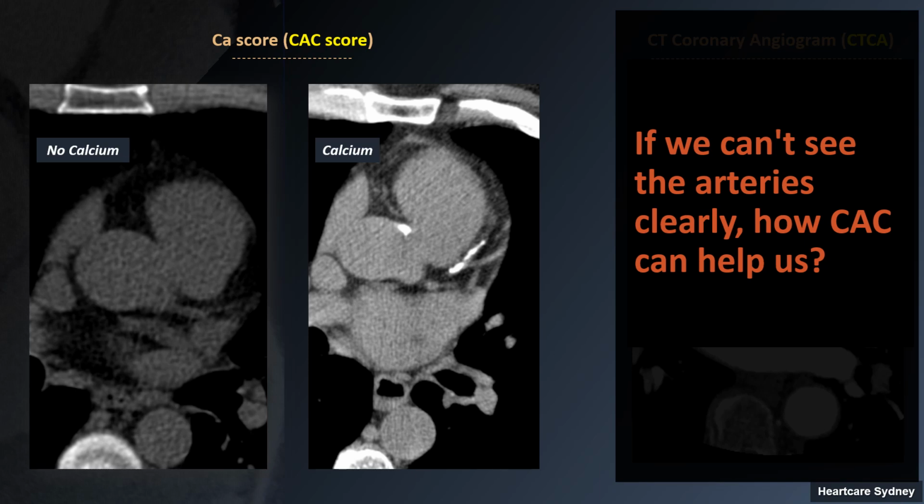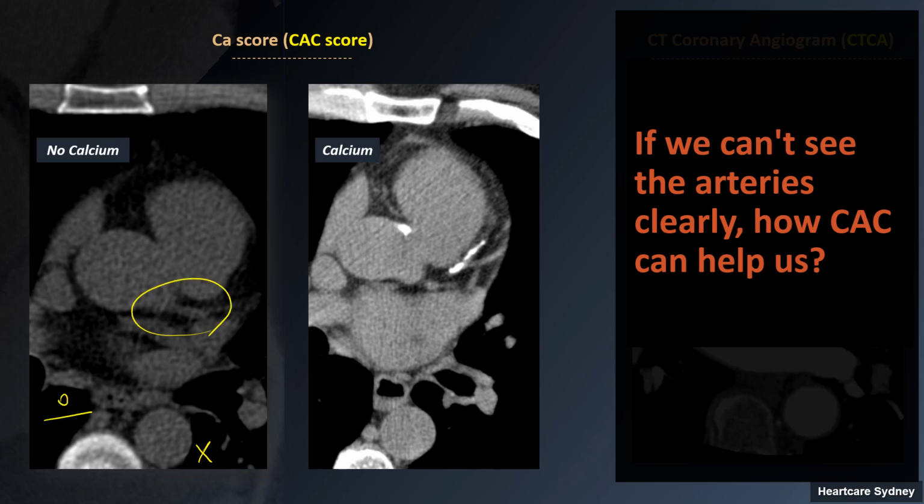So the question pops up that if we can't see the arteries clearly, then how can a CAC score help us? I will try to answer this question by these two images from two different patients. On the left, we see a perfect calcium score CT with absolutely no calcium in the coronary arteries, so the score is 0 here.